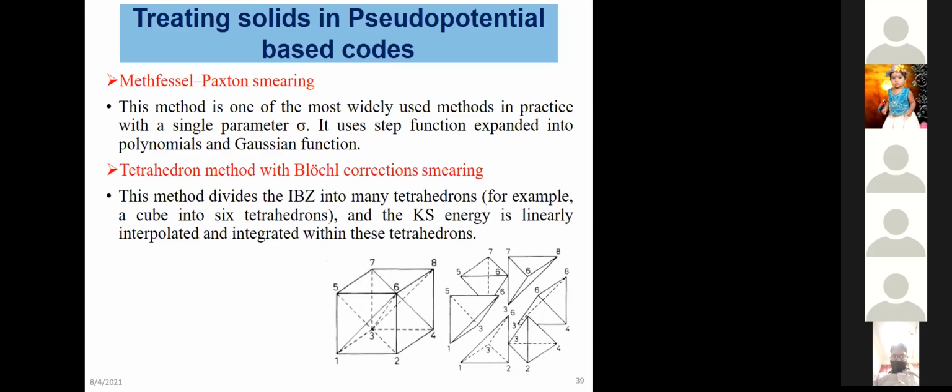By breaking into several tetrahedrons, we have small spaces, and we do our computation for those small tetrahedrons, and we interpolate our energies for the whole system, and by this also we can escape this abrupt occupancy going to zero in our electron distribution.